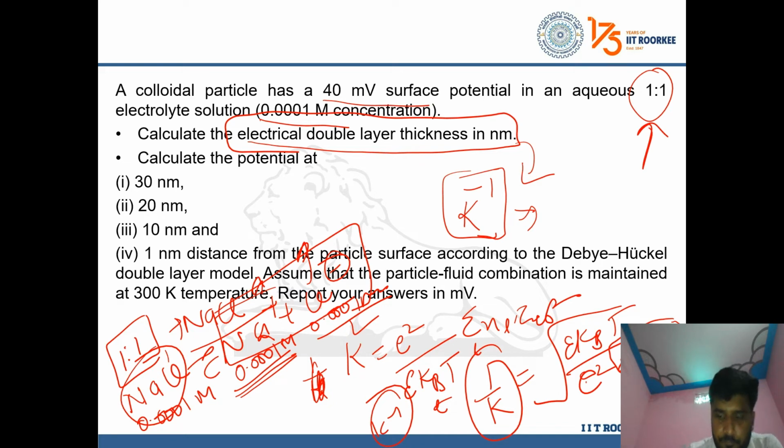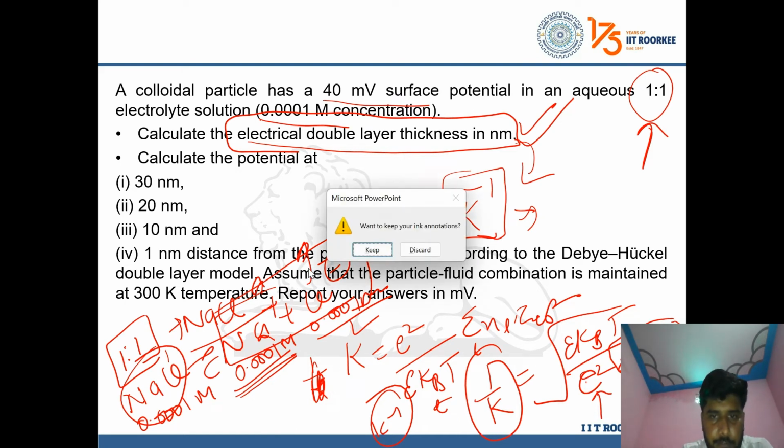Okay, so this is clear. You can calculate easily. You have all values here. Is it okay with you? So I can go for the next question. kB is constant, right?